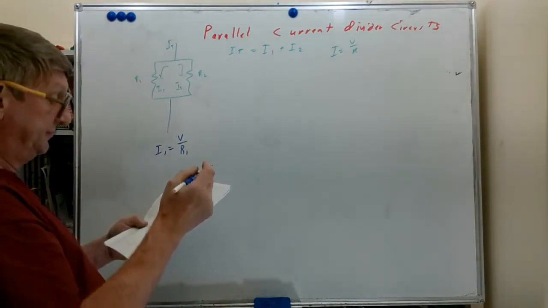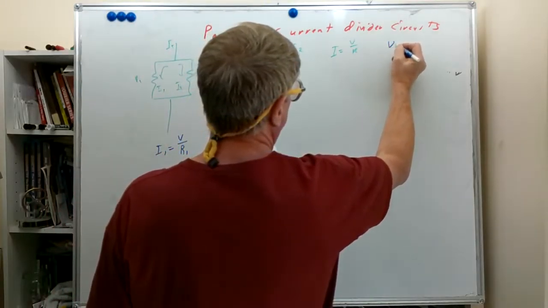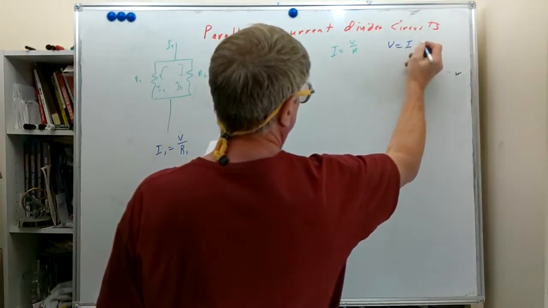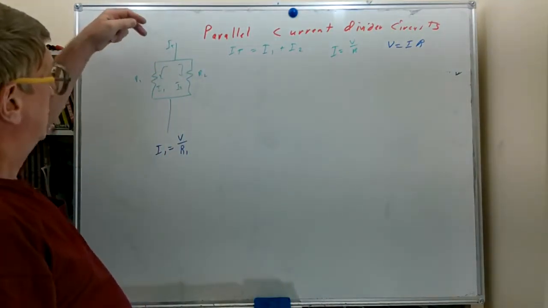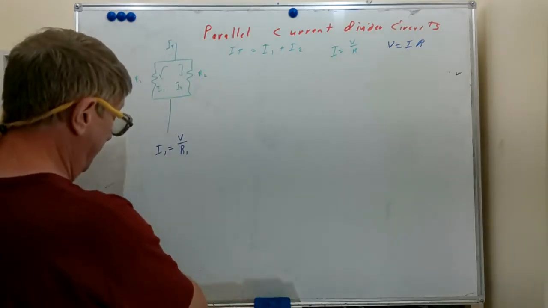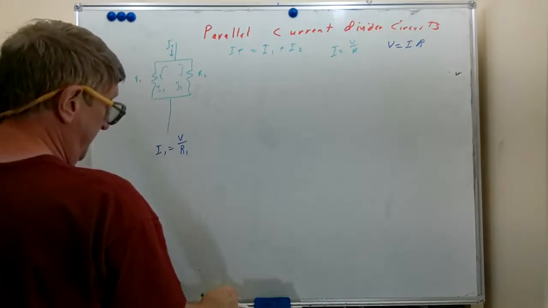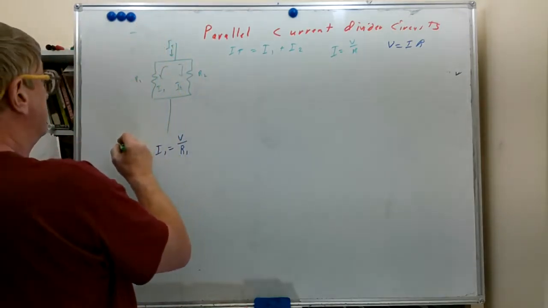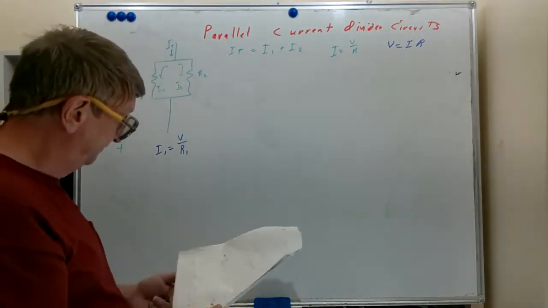Now, how could we find the voltage across this thing? We have a formula that says voltage equals I times R. So if we wanted to find the voltage here, I'm going to put a line here. IT is going in that direction, so basically we're negative and positive here because we're doing electron current flow.